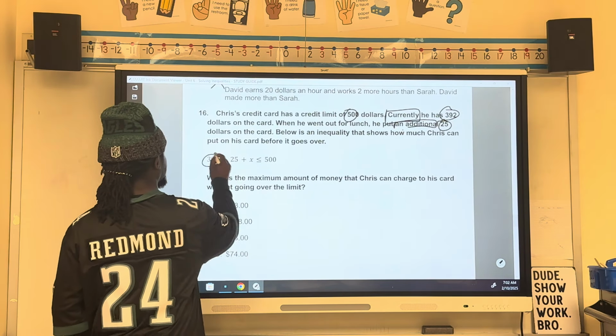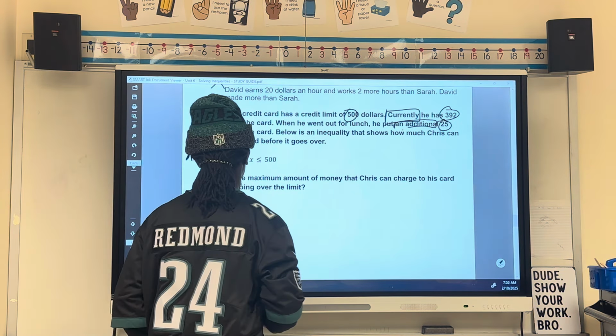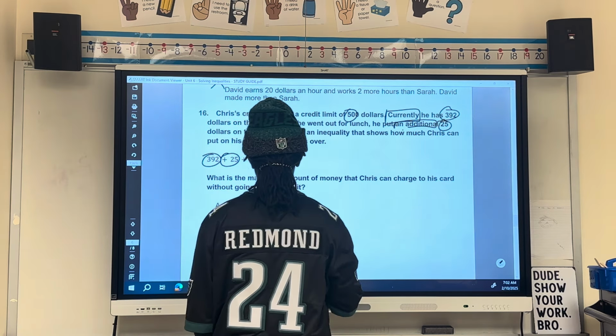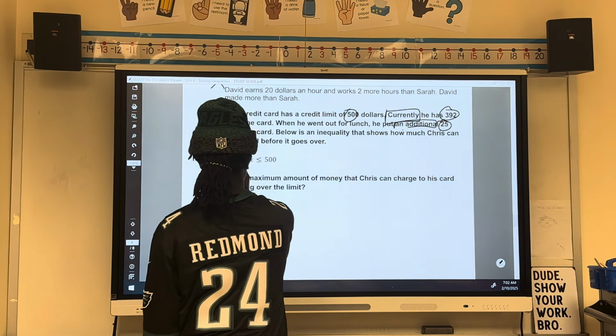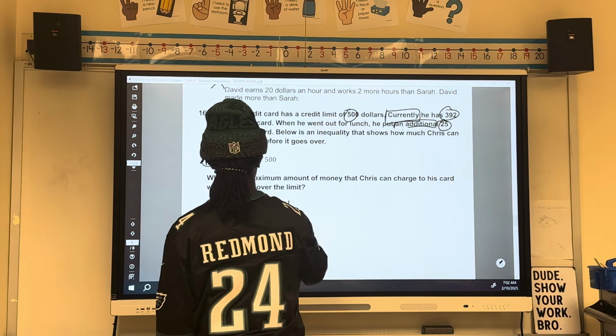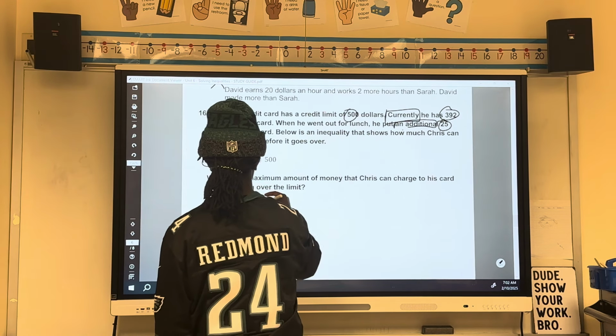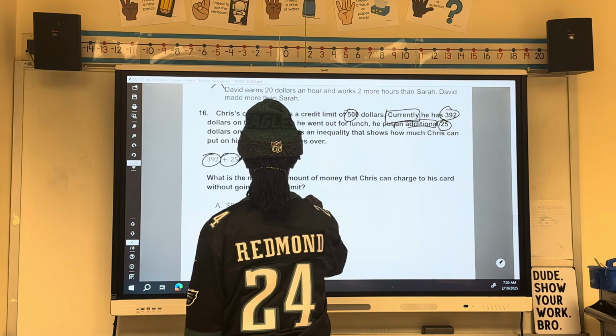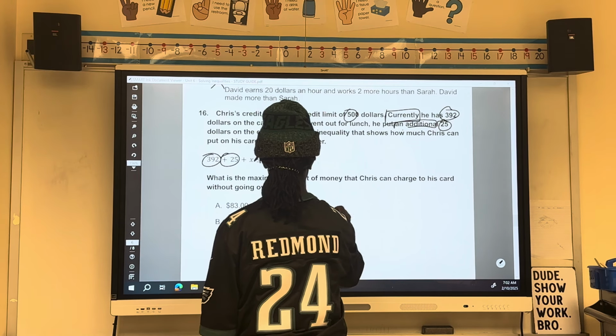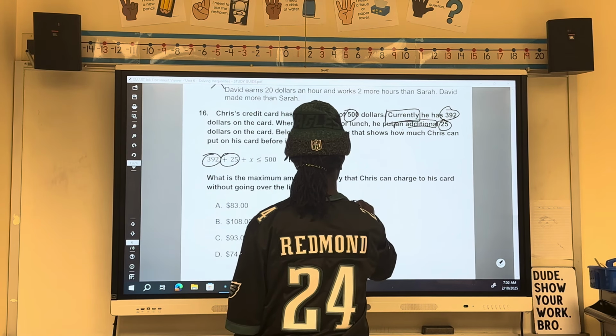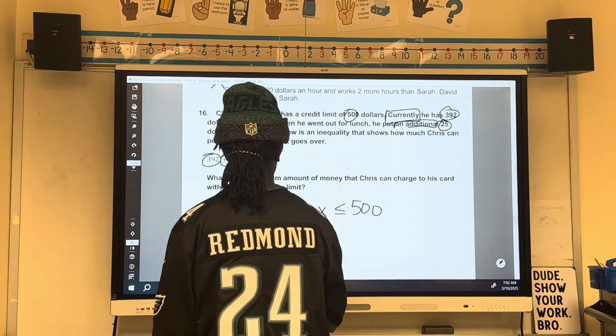So when I solve this, I'm gonna combine these, all right? When I do that, I'm gonna put these two together. Let me just double check my math. 392 plus 25, yep, 417, all right. So 417 plus X less than or equal to 500, okay?